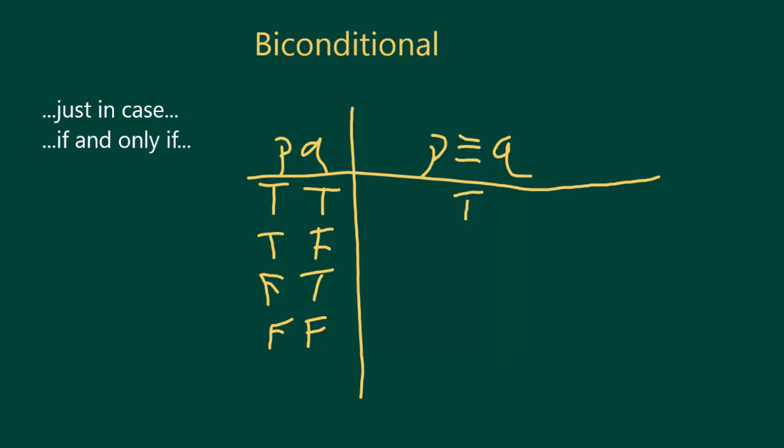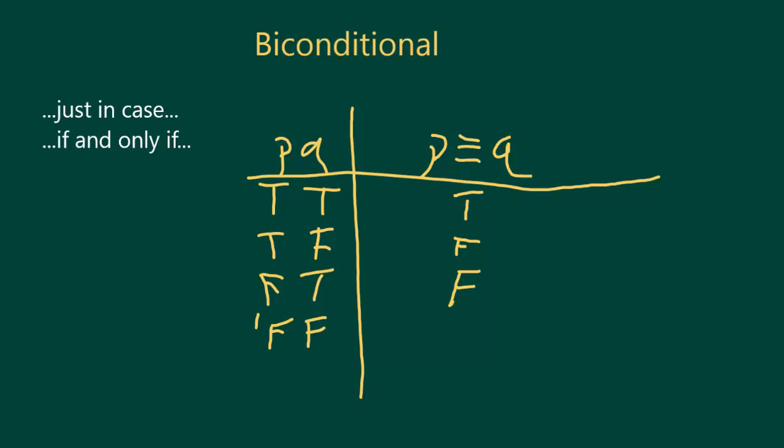But if you find out that it's raining and the grass isn't green, but I told you it rains just in that case, it's going to be false. Likewise, if you find out that it didn't rain when the grass was green, and I tell you that's just the case in which it rains, you're going to say, well, that's false.